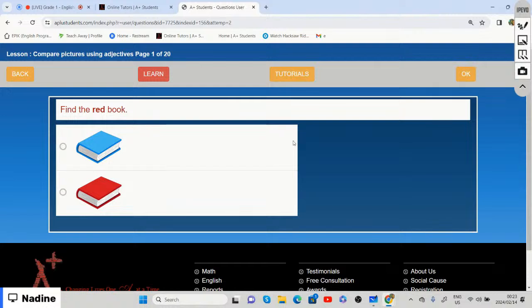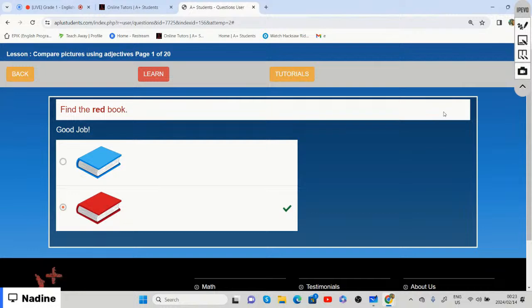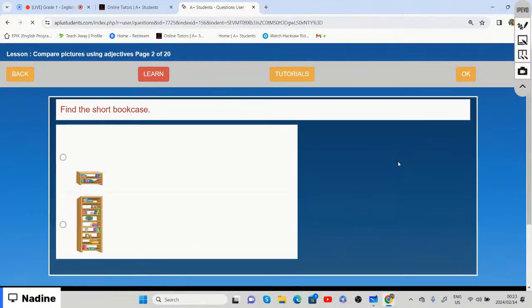So it's the same as saying we need to find the red book. And over here we say find the red book. And if we find the red book, then there we go. And that one is correct.